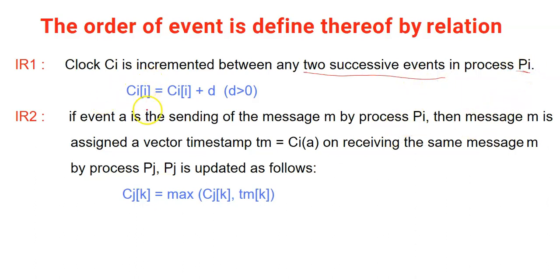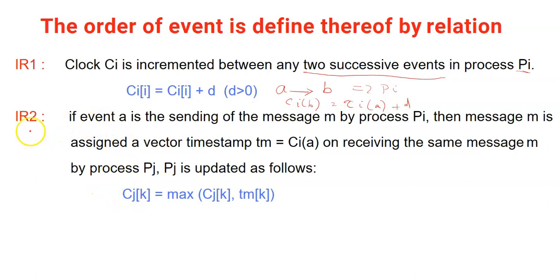In such a case, as usual, what we did in Lamport's clock, we just increment. That is, there are two events A and B, both belonging to process Pi. If A happened before B, then B's clock, that is Ci of B, will always be Ci of A plus d, as usual.